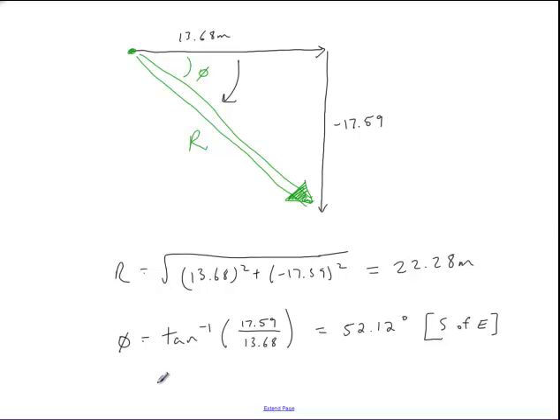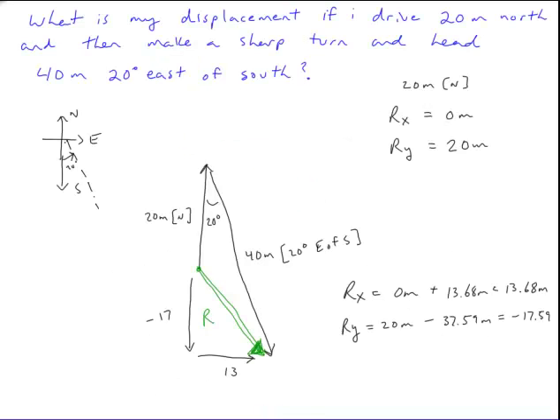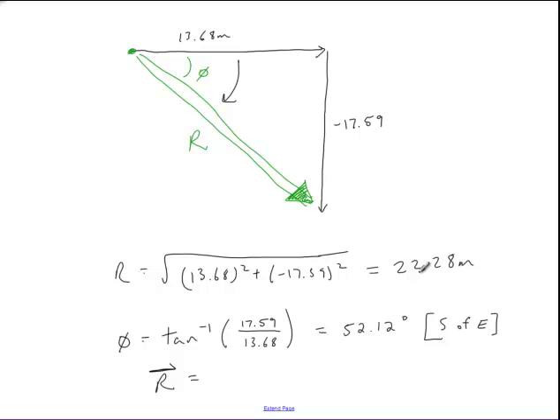When we finally state our resultant vector, we also have to worry about significant digits. In question 2, we're going to use 2 again. So this is going to be 22 meters, 52 degrees, south of east.